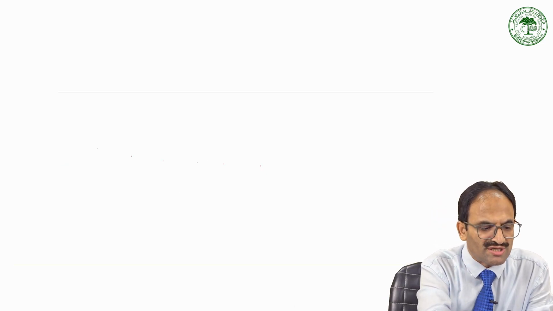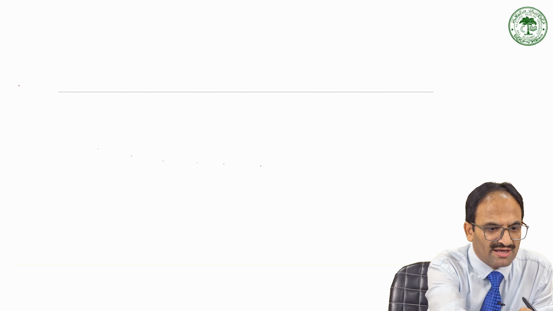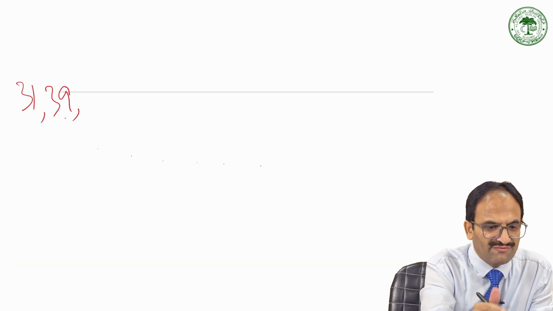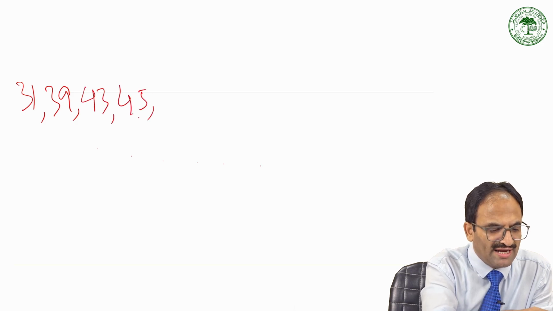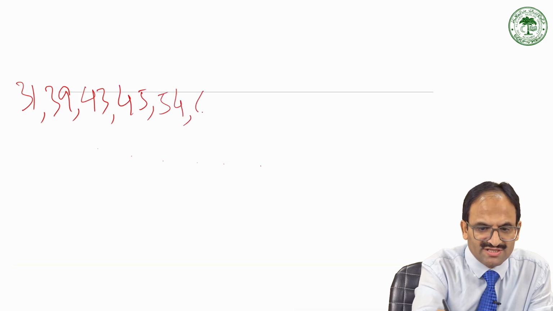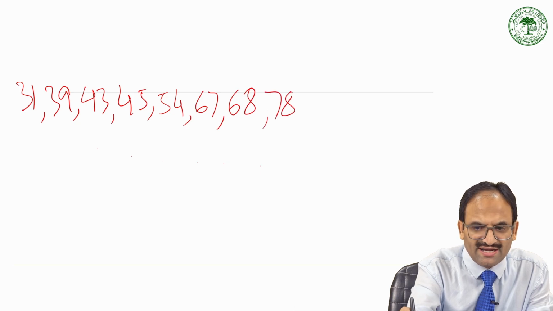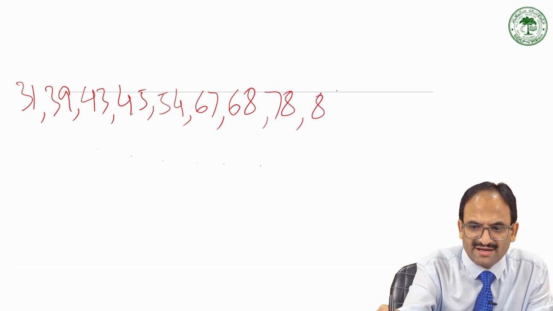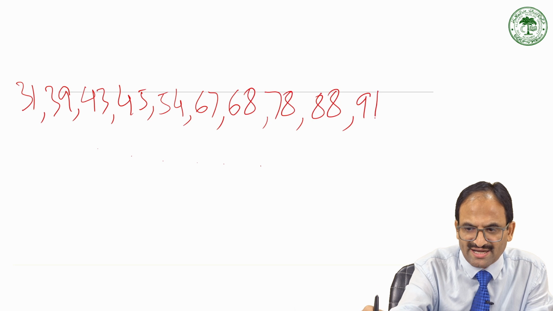The lowest number, as I have just mentioned, is 31, then 39, 43, 45, 54, 67, 68, 78, 88, and finally we have 91.